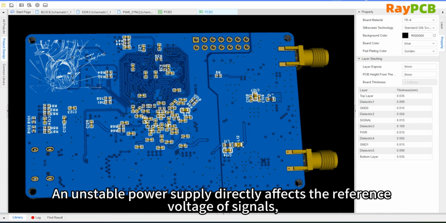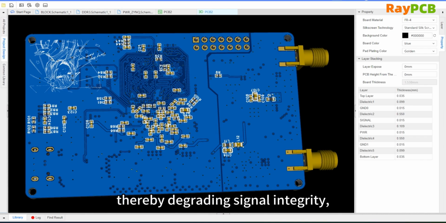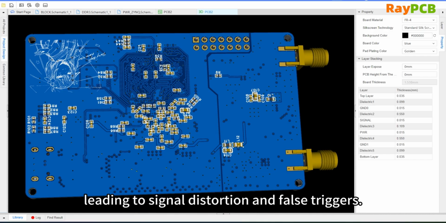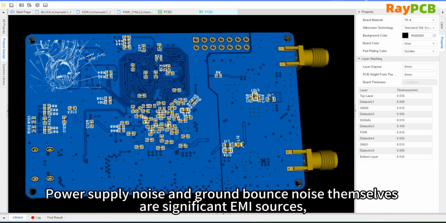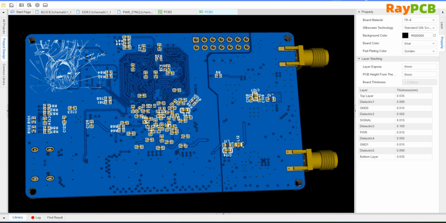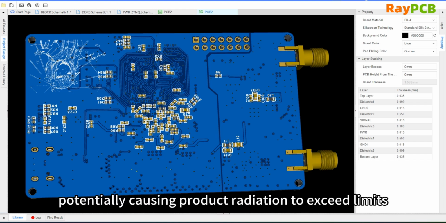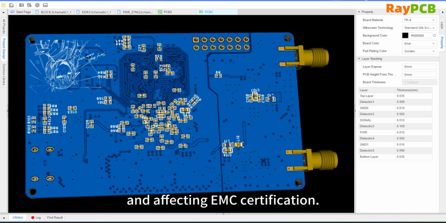An unstable power supply will directly affect the reference voltage for signals, thereby degrading signal integrity and causing false triggering of signals. It can also create EMI/EMC issues, as power supply noise and ground noise themselves are major sources of EMI. This may cause the product's radiation to exceed limits and affect EMC certification.